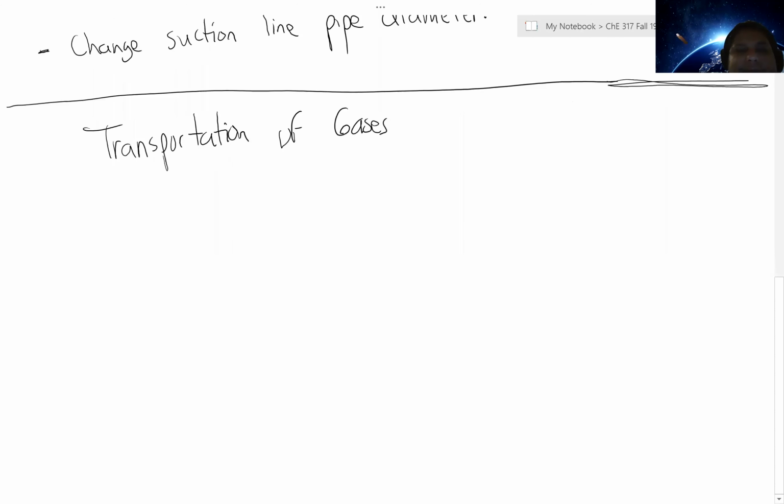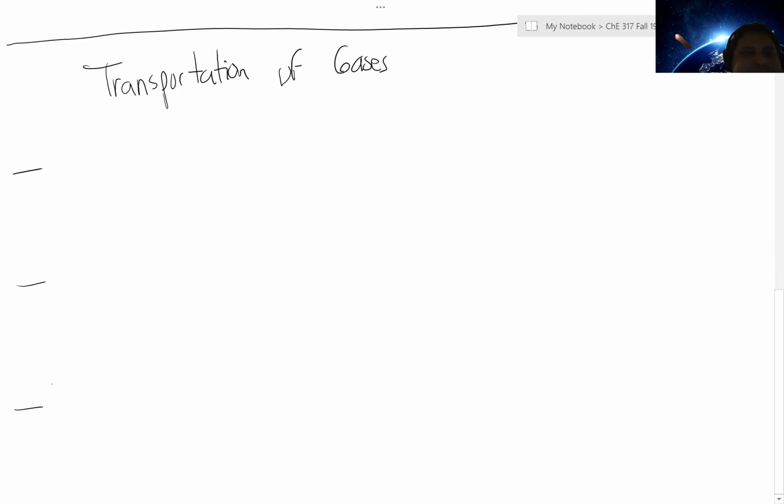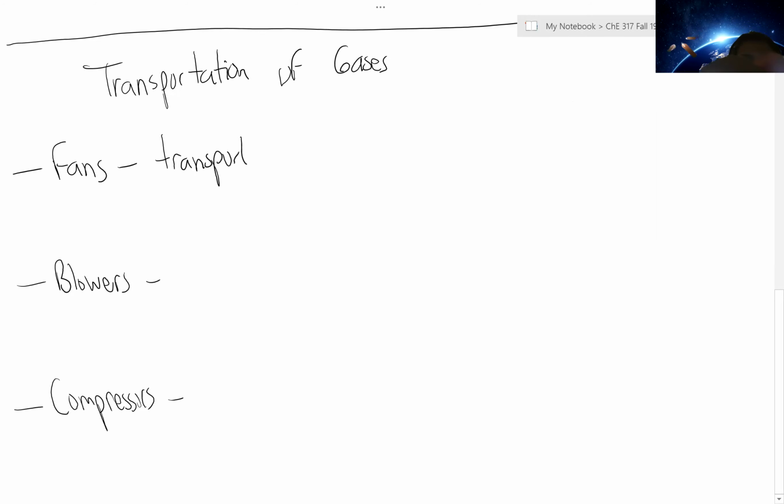And so we can typically transport gases through one of three mechanisms. We have fans, blowers, and compressors. Each serves a unique purpose, which we'll talk about now, with fans being designed to transport large volumes of gases.